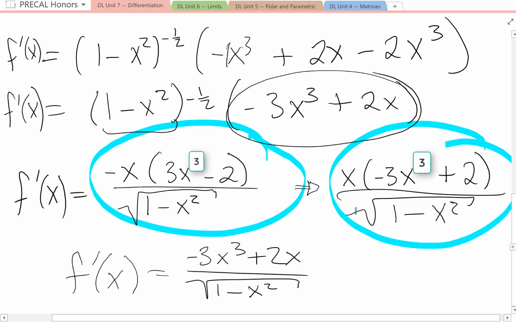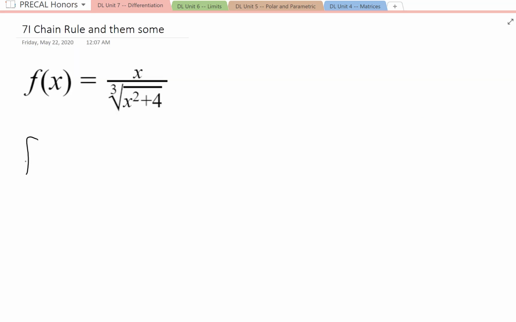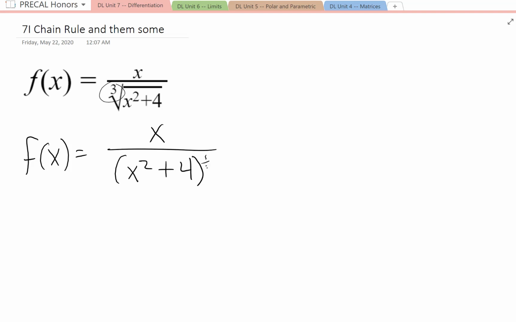Any of these. With this one, there are several things that I can do with it. This is going to require the chain rule and the quotient rule. This can be brought to the power of 1/3 instead of a radical.